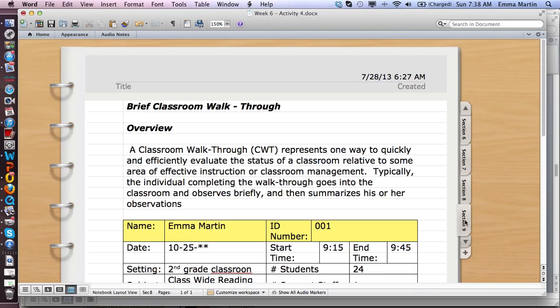A classroom walkthrough is an observation tool that provides a quick glimpse at different items that are occurring in the classroom, or behaviors that we're looking for and that we know from the research are important to effective behavior management. So this is one that I did, and I can see I got a misspelled word, so I'm going to fix it.